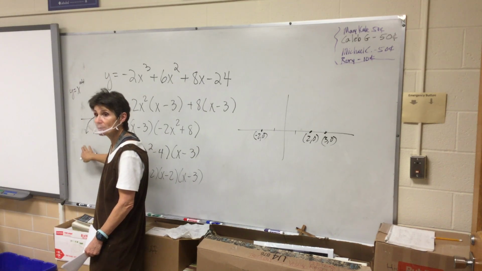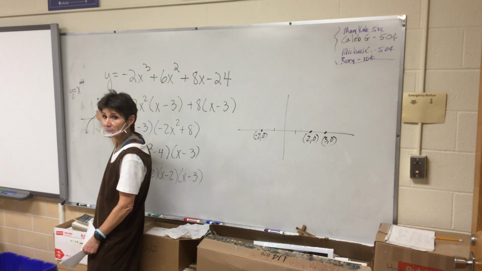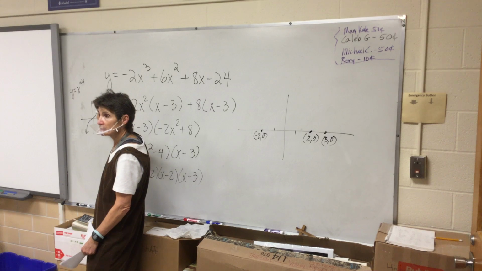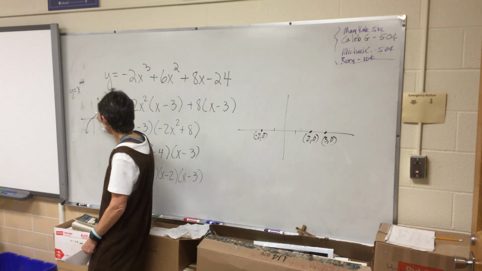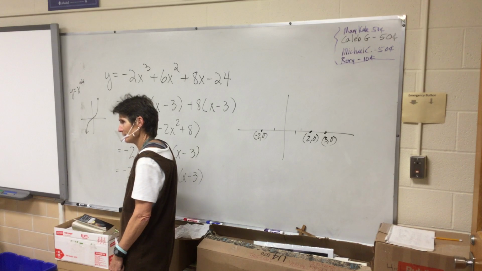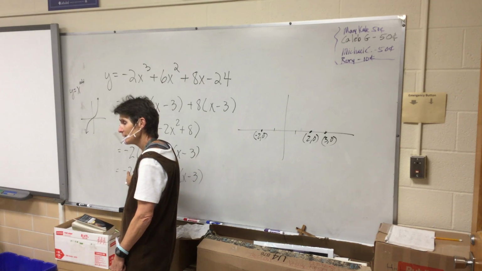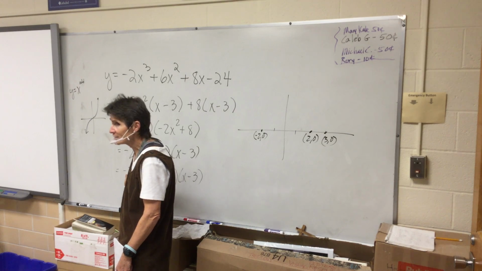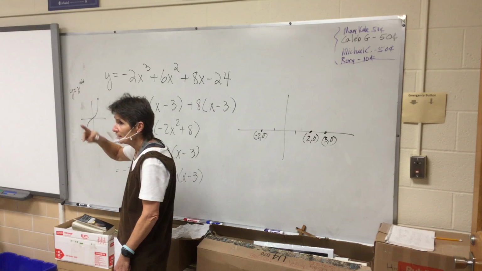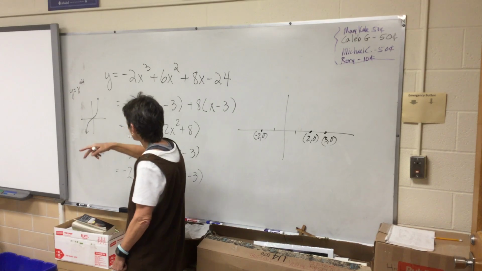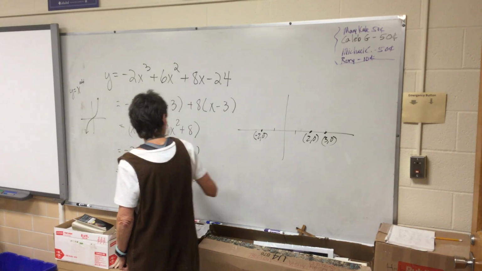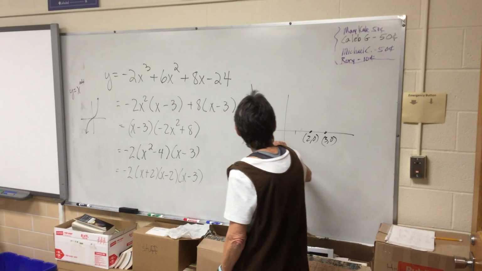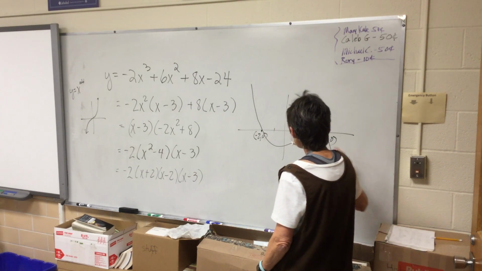It's going to start down here and end up here, right? Unless you put a negative in front of it. When you put a negative in front of it, what does it do? It does the opposite. So it's going to start up here and end down.